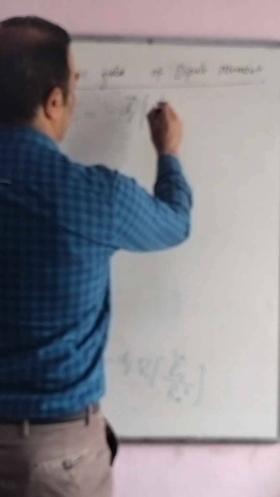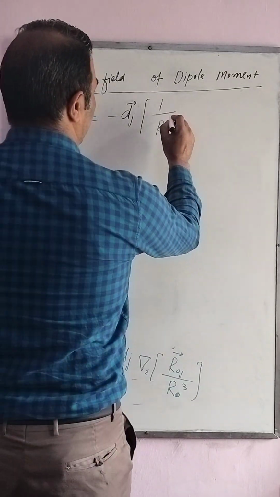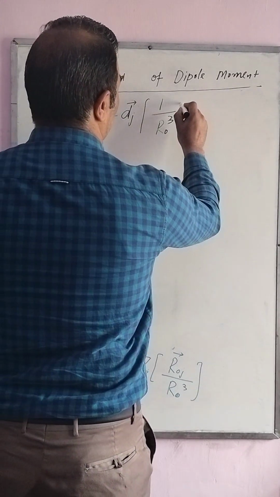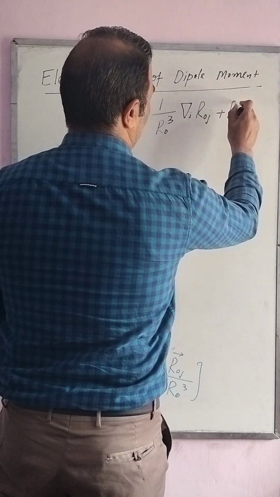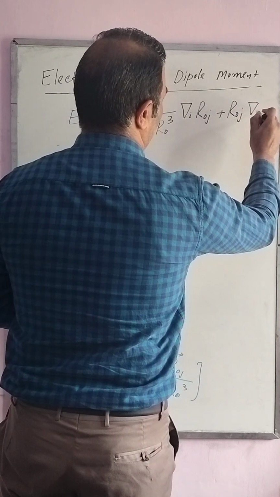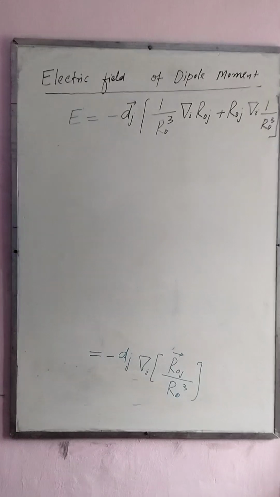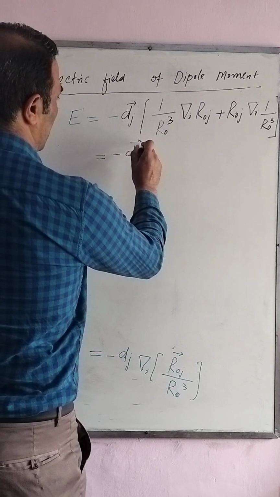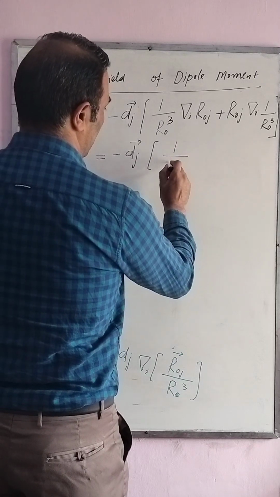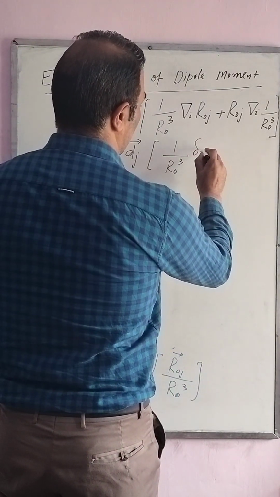Now you differentiate this. So first term will be, or r naught cube, and first term will be delta ij.